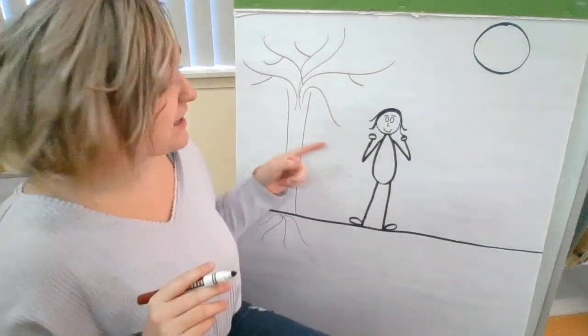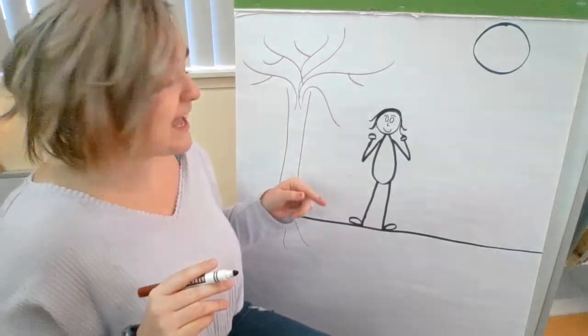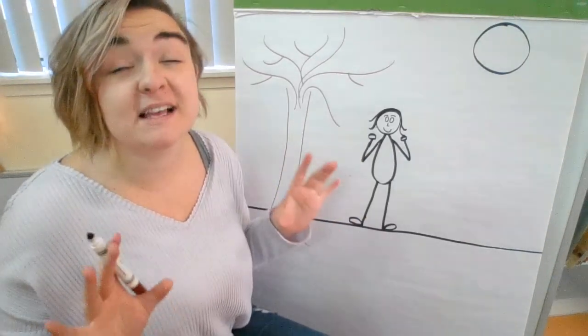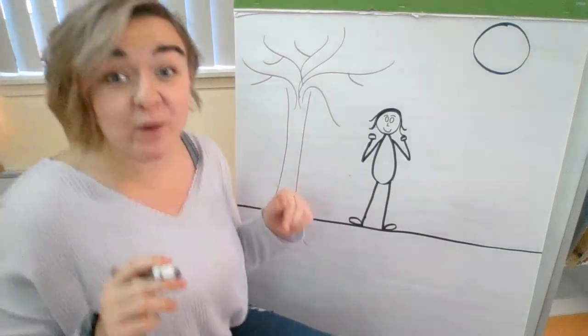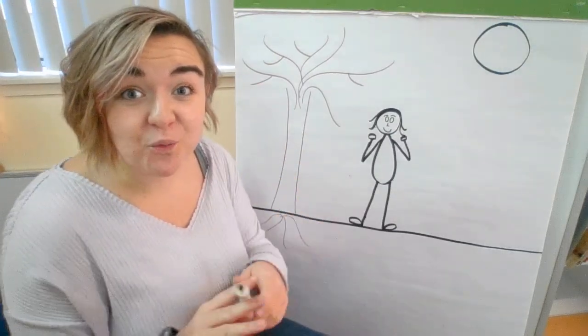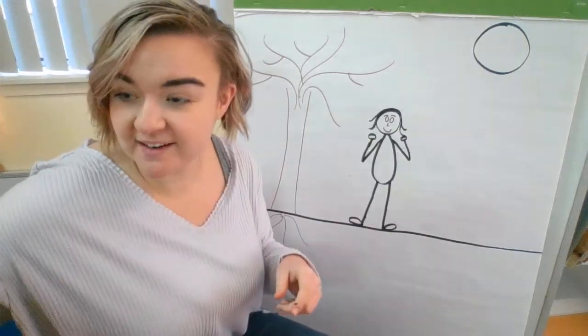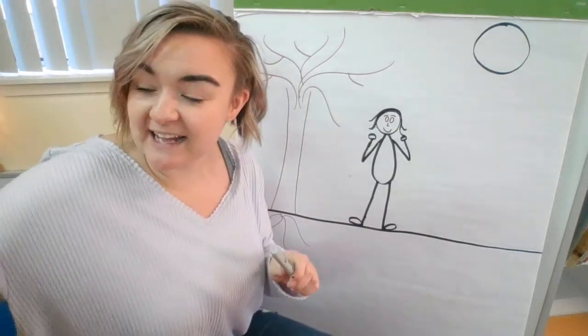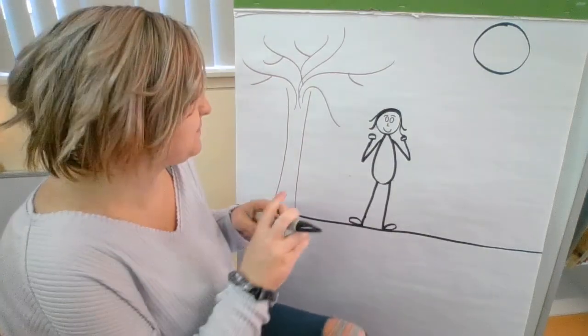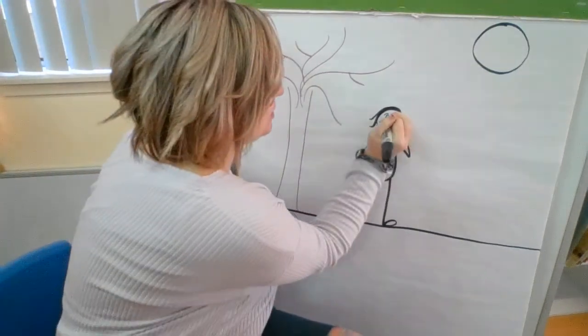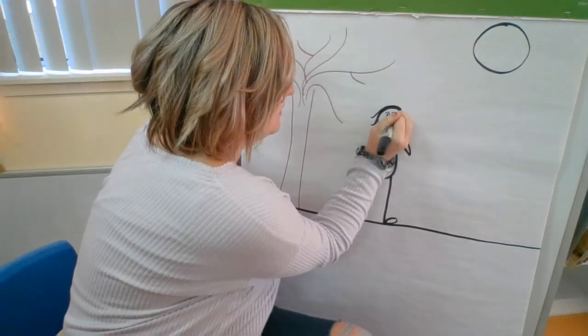So I was walking to the tree, and the sound was really loud this time when I got to the tree. It was like, meow. What was the sound? What is that sound? I looked up in the tree. I looked up, so I'm going to draw my eyes looking up.